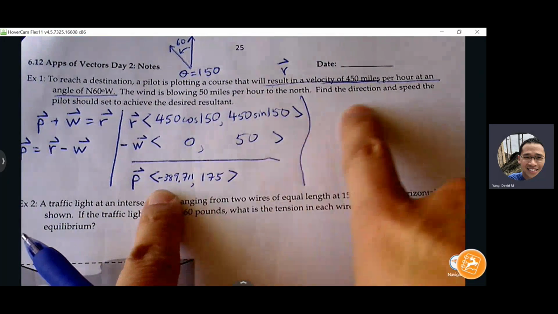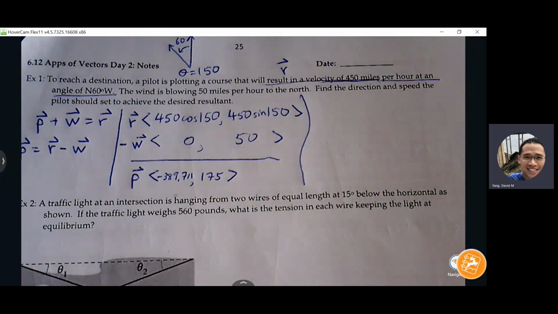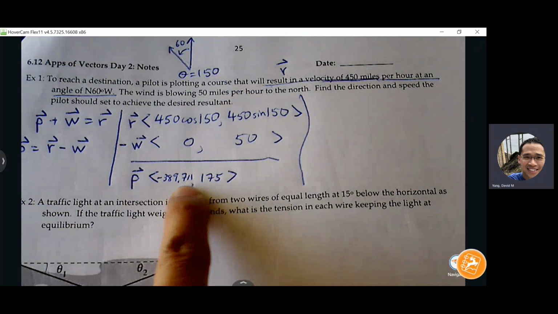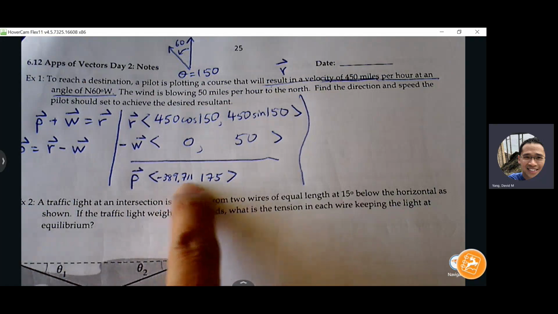So now that we have our plane vector, we can find the direction and the speed that the pilot should set to achieve the desired resultant. Okay, so the Pythagorean theorem will get us to our magnitude. And then which quadrant should he point his plane? Second quadrant. So whatever we get from inverse tangent, we have to involve 180, right?